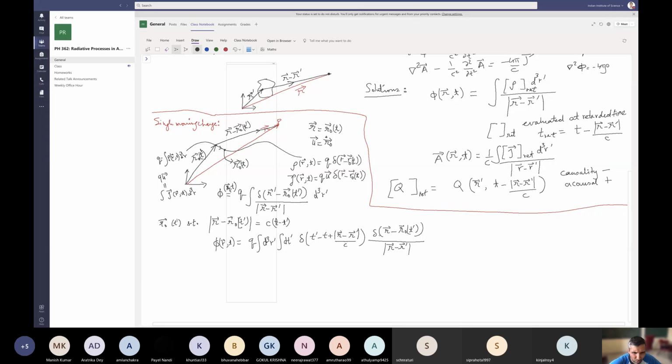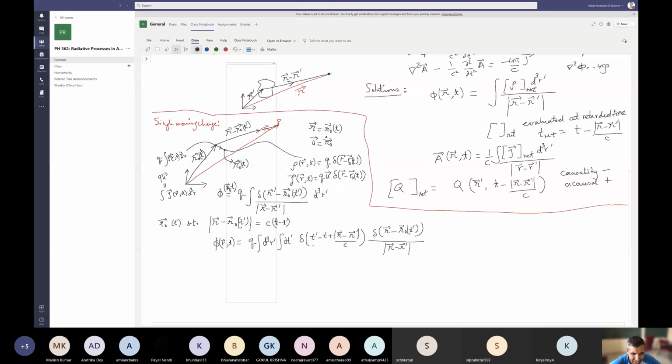Okay, so what I have done is I have just introduced this time integral, which just sort of says that this t prime, right? So if you have an integral like this, when you integrate over the t prime variable, what it does is it makes this quantity evaluated at a time such that t prime equals t minus |r minus r prime| by c.